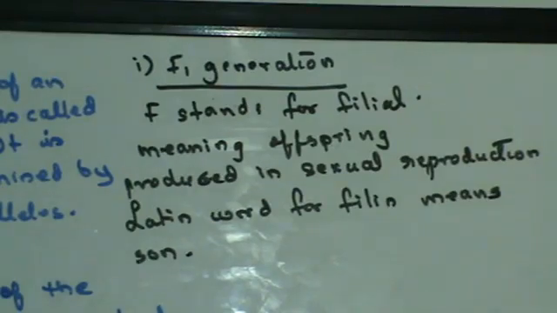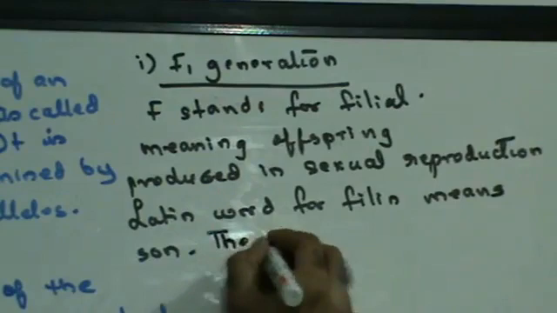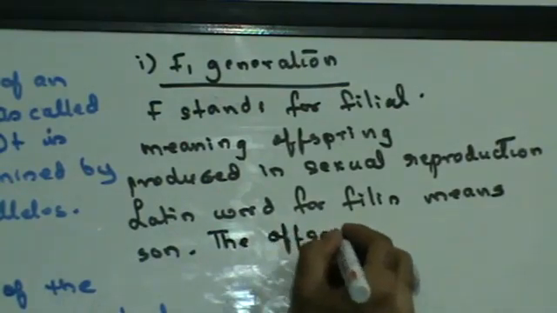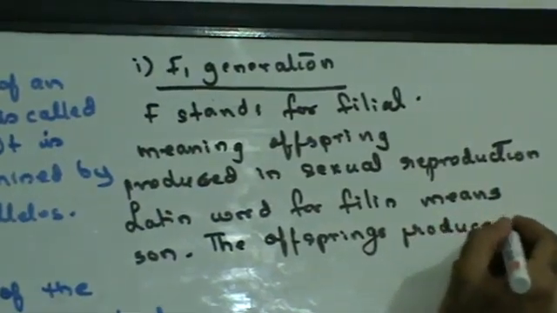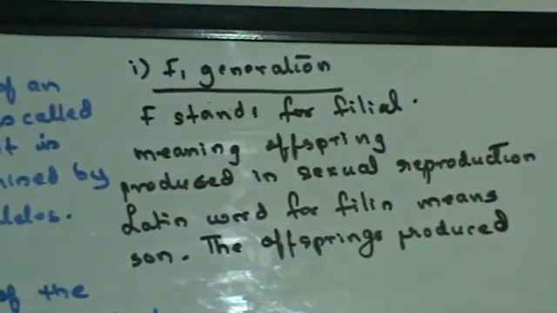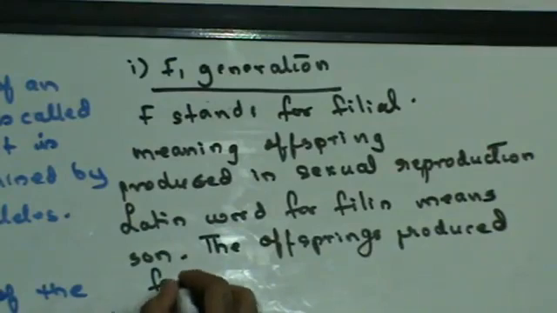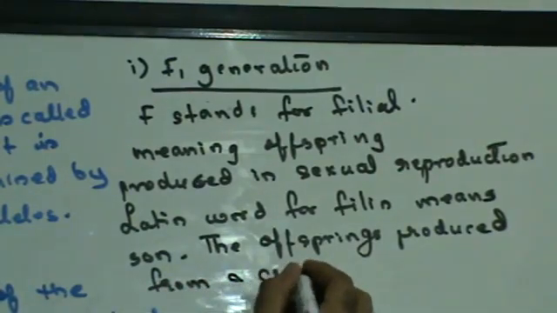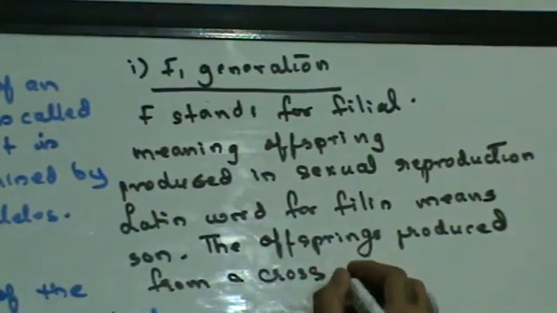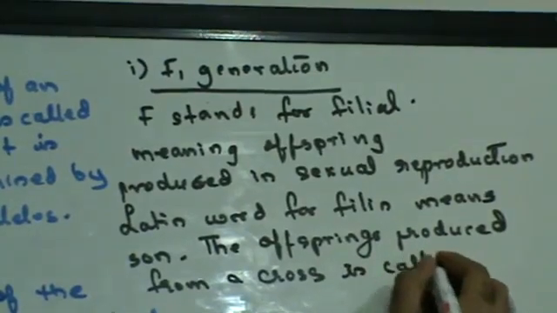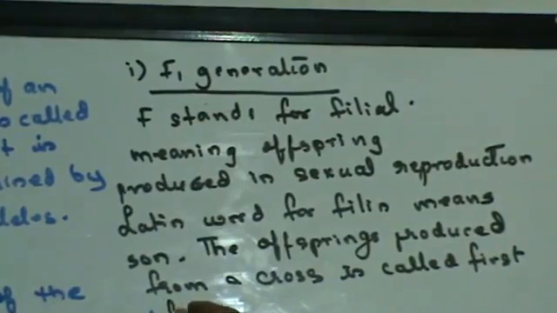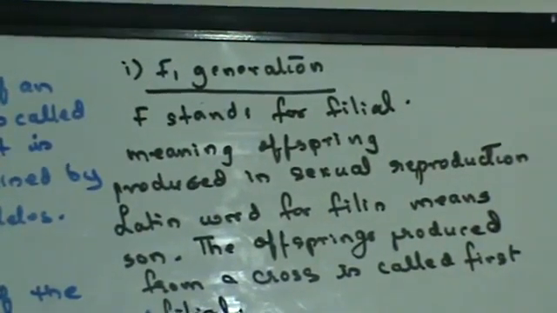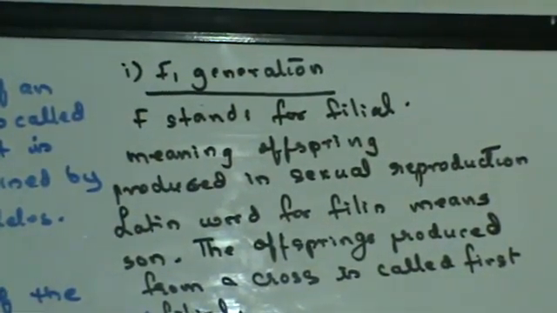So the offspring produced from a cross is called first filial or F1 generation.